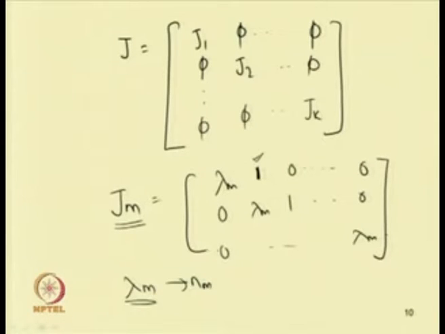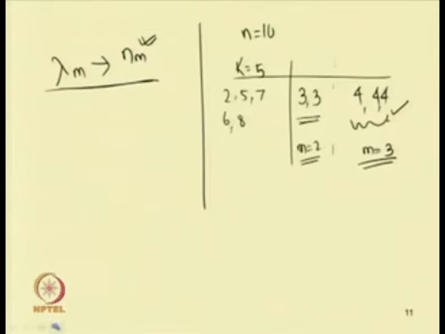In this case the columns p i of the matrix P are called generalized eigenvectors corresponding to the eigenvalue lambda i of matrix A. We will have n m generalized eigenvectors corresponding to the eigenvalue lambda m.